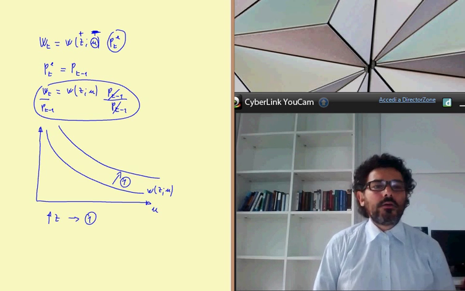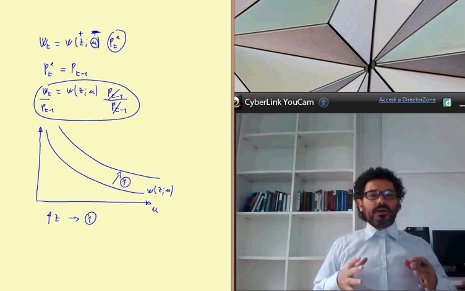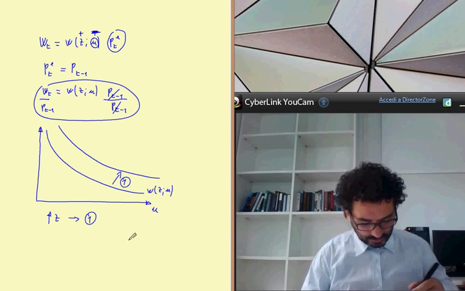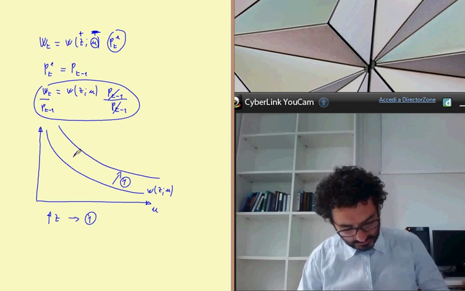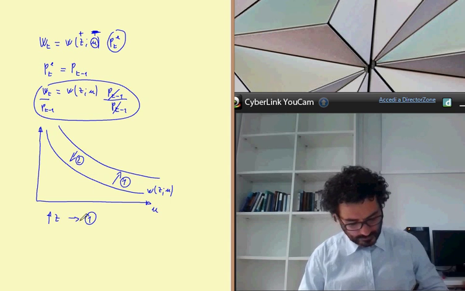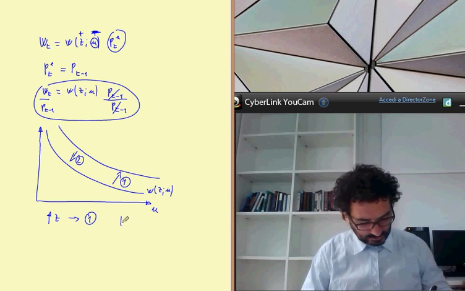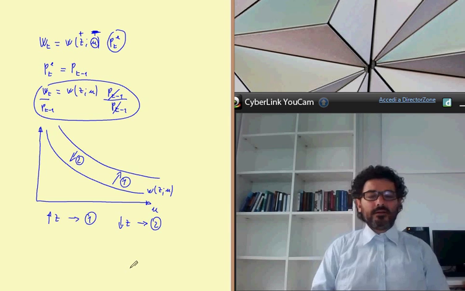So for each level of unemployment, we will have a reduction in real wage. For instance, flexibility in the labor market is a reduction in the power of union workers, and can be interpreted as a reduction in Z, so a reduction in real wage.